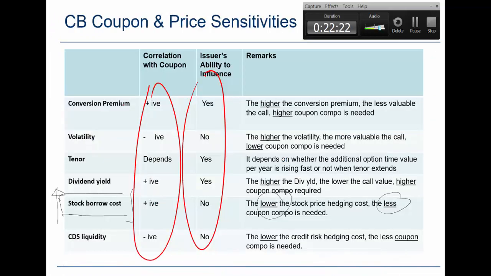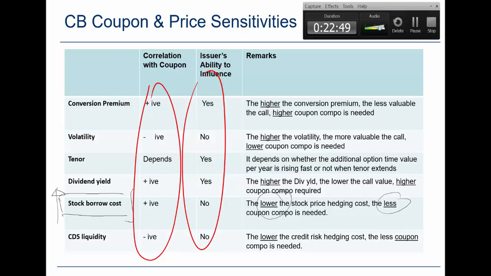Now, I was asking you this anyway. How is the coupon that you pay related to the various features that you find in a convertible bond?